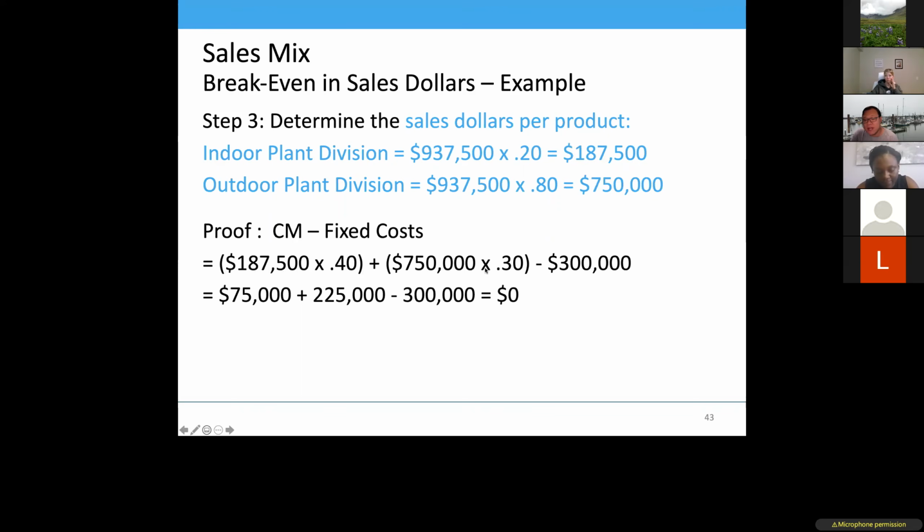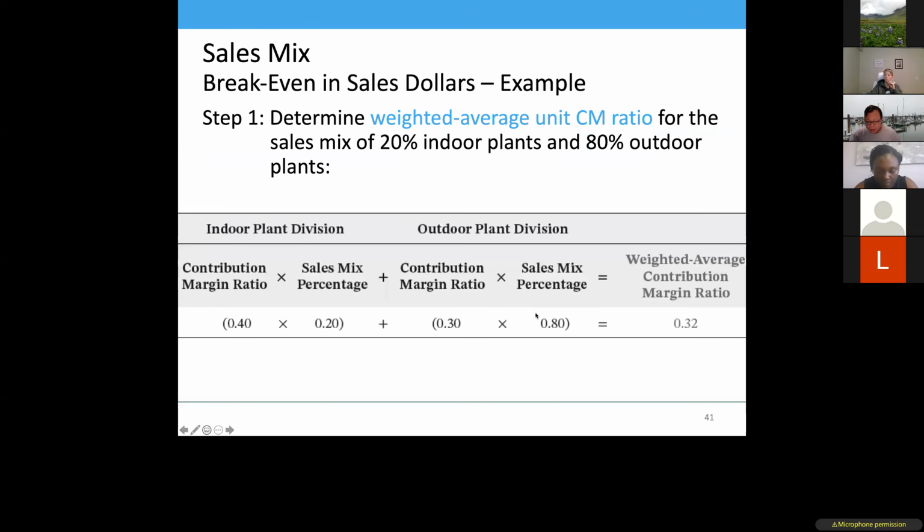And the 750,000 times 30%, this gives me the total contribution from the outdoor division. So together, these two numbers in the bracket, that's my total contribution, and minus the total fixed cost. So I get 0. So my total contribution equals the total fixed cost.